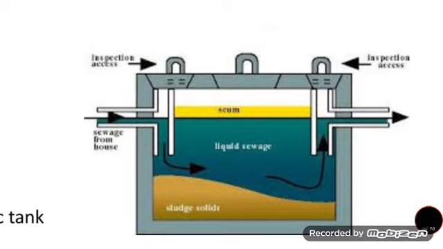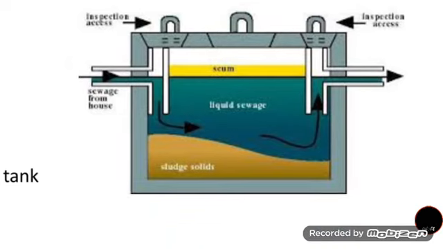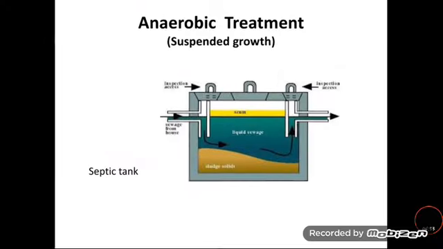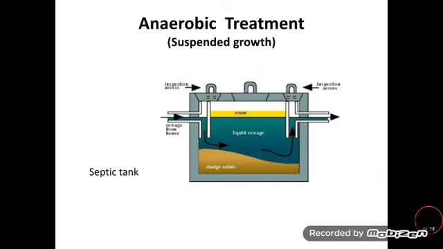Inbuilt baffles are provided to avoid shock load to the septic tank, and to keep the scum from coming into the inlet or outlet. The sludge digestion zone is shown at the bottom, and at the top we have the inspection chamber, that is, manholes provided at the top of the septic tank for inspection purposes.